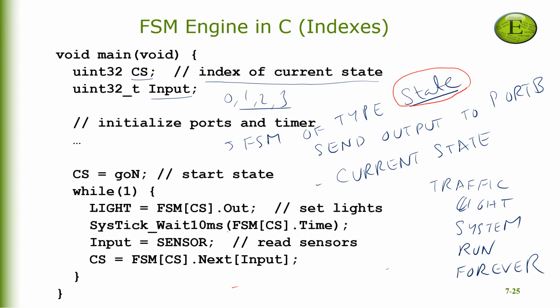In this case, we don't know exactly what the corresponding assembly language code is when this C code is compiled. But as far as ease of programming is concerned, this is an example showing that it is fairly easy to implement a finite state machine engine in C.